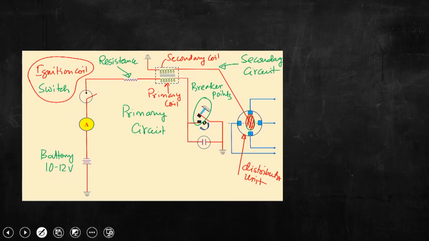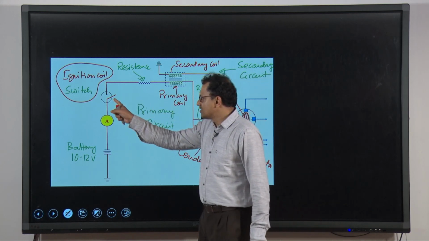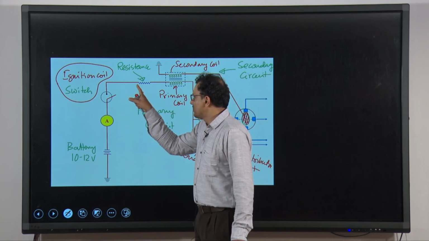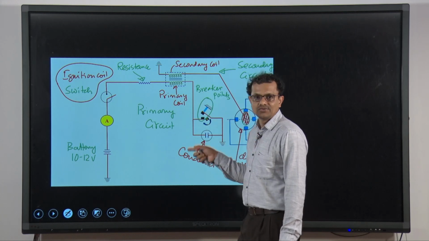So, this is the condenser, and condenser will be charged. Okay. So, breaker points are closed. If we turn on the switch, the battery current will flow through the circuit and it will essentially go to this condenser to charge it.